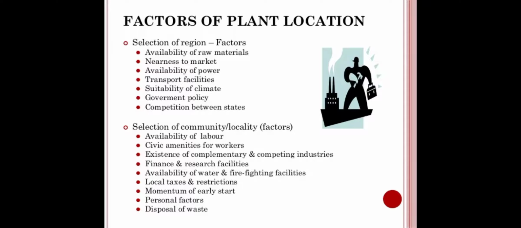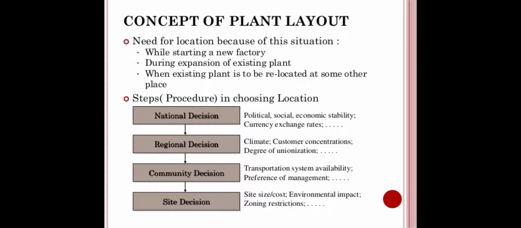Now, for the selection of region, what are the factors? We have seen the national decision is mainly dependent on the political, social and economic stability and currency exchange rate if it is an international business.